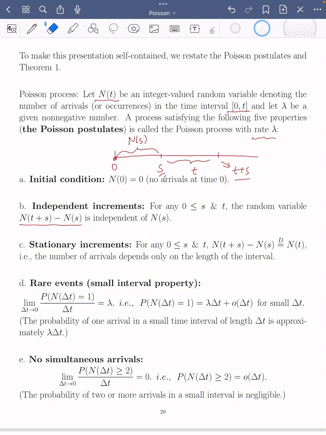The third property is the stationary increment. So let's redraw this picture again. So we have this time t here, and also we have the, say, number s is here. And then this part is t plus s.